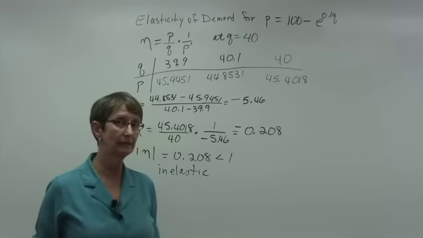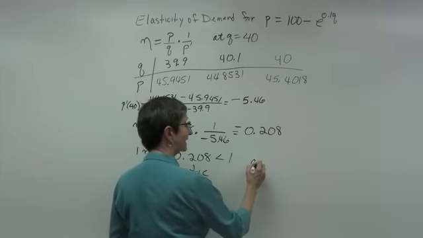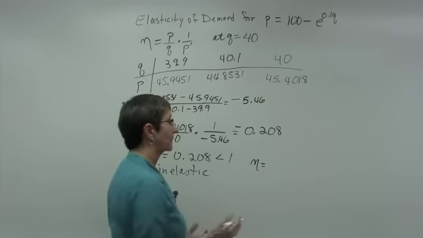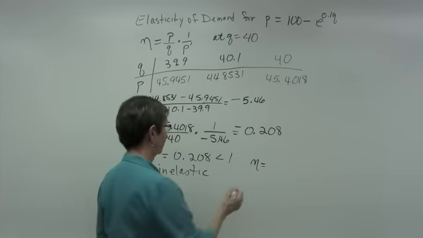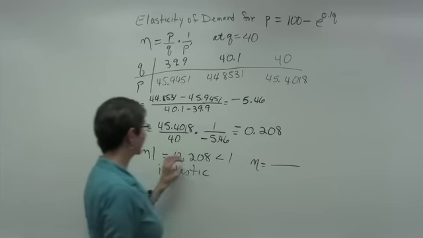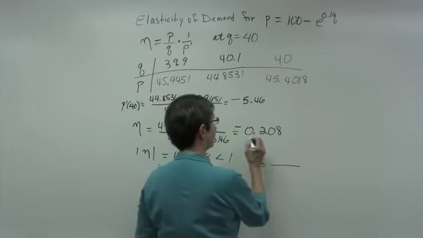Well, so what does that mean? Well, think back about elasticity. If we think of it as the word definition, percent change in demand divided by percent change in price. If I have this as my fraction, I can think of it as that over 1.